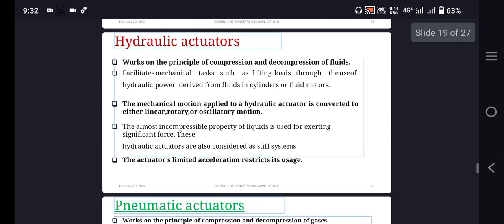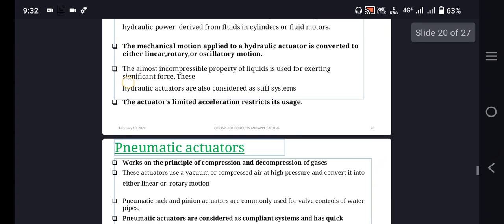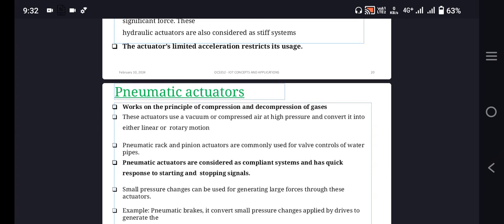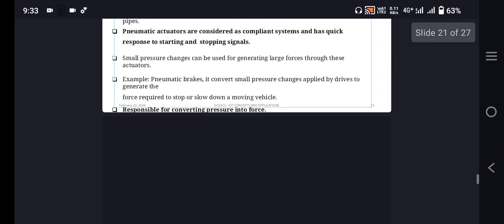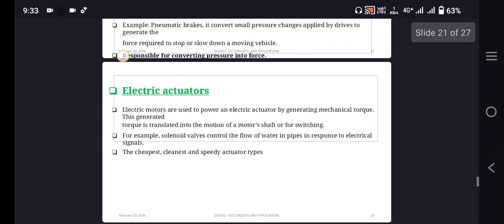Hydraulic actuators work on the principle of compression and decompression of fluids. Pneumatic actuators work on the principle of compression and decompression of gases. Electric actuators are used to power an electric actuator by generating mechanical torque.